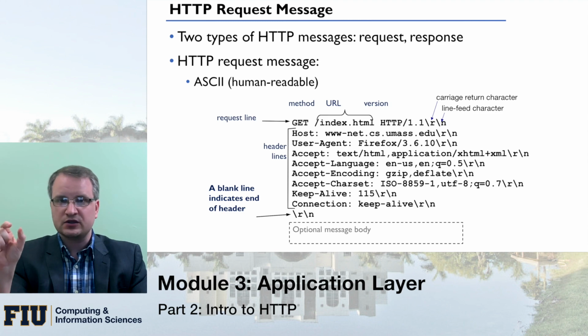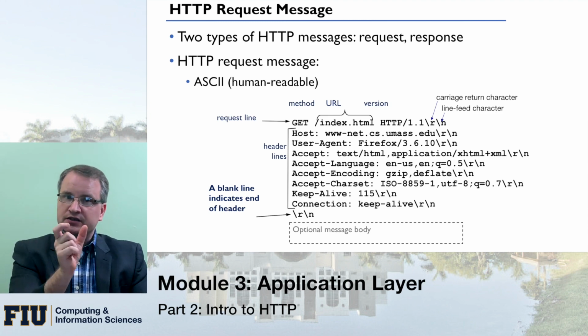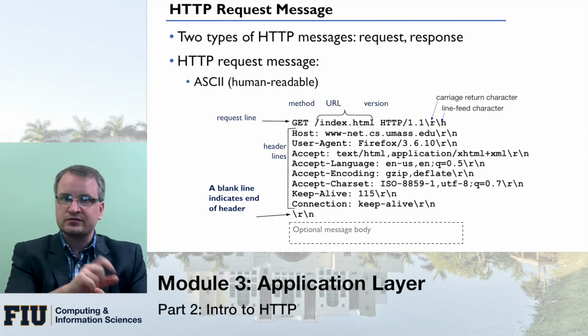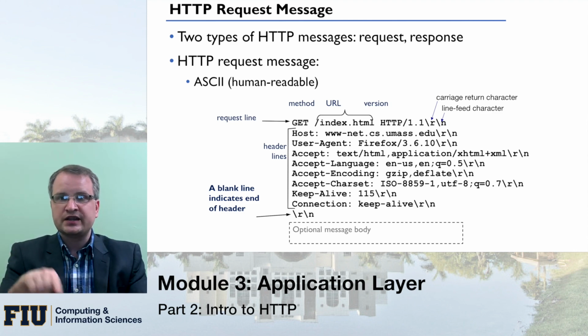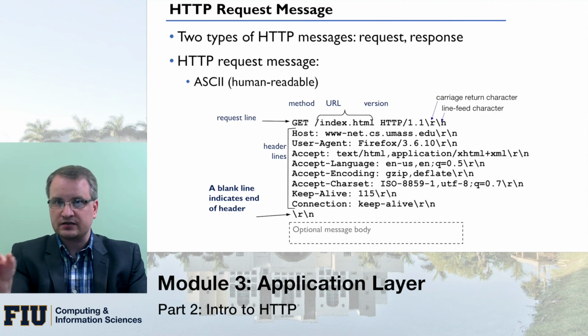What follows afterwards are again lines. Each of those lines has to be formatted as an attribute and a value: attribute colon value, attribute colon value. And each of these lines has to end with \r\n, a carriage return and line feed. That's the basic format.